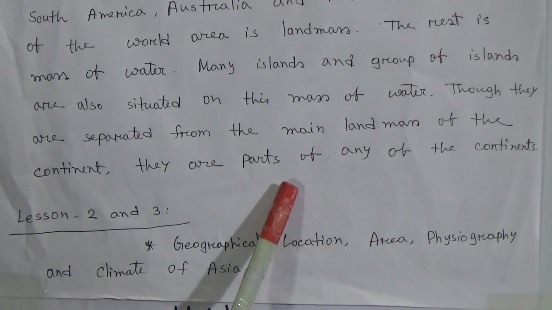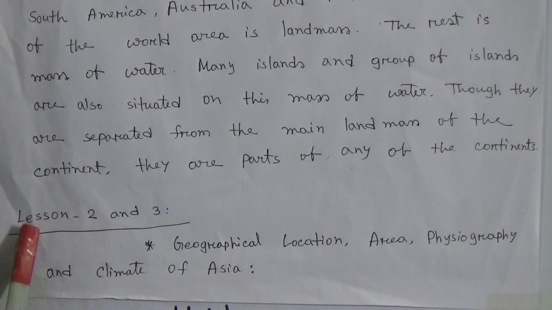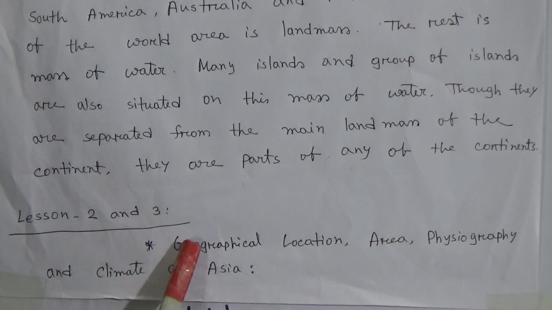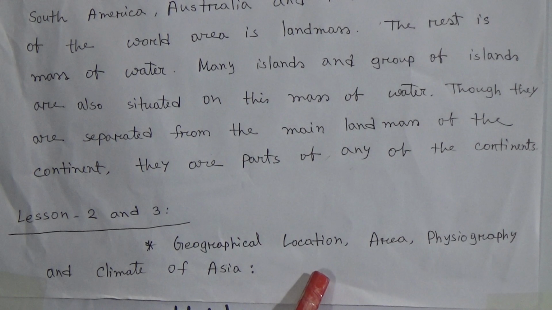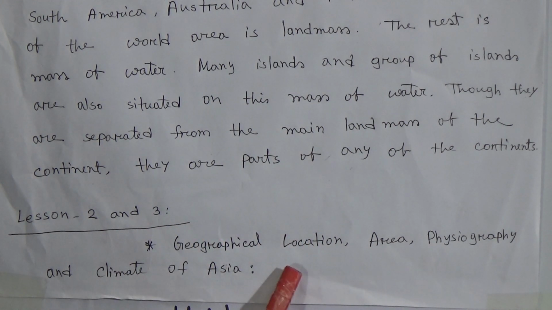Okay dear students, now we are going to learn from lessons 2 and 3. We are going to learn about the geographical location, area, physiography and climate of Asia. The continent of Asia is situated in the eastern hemisphere.